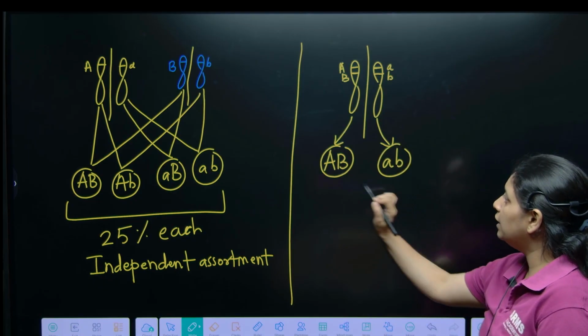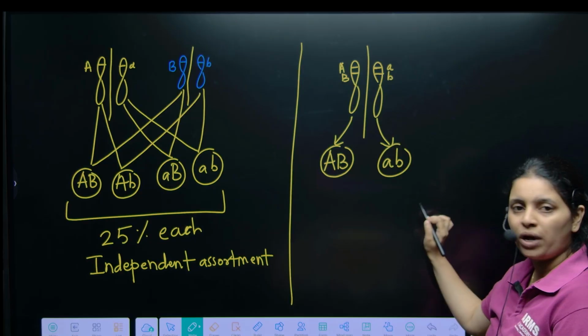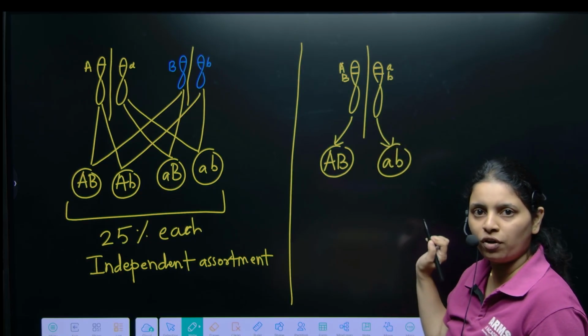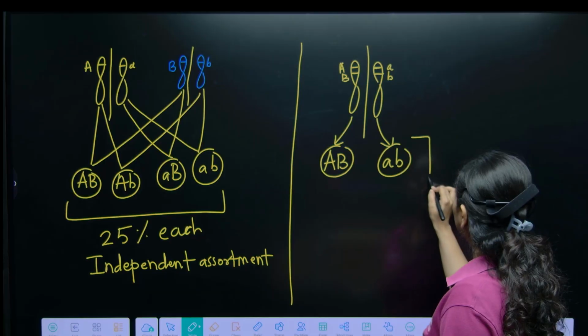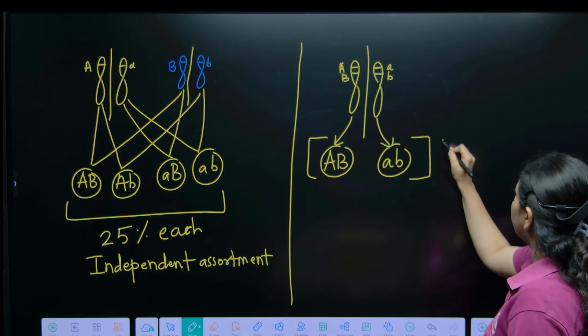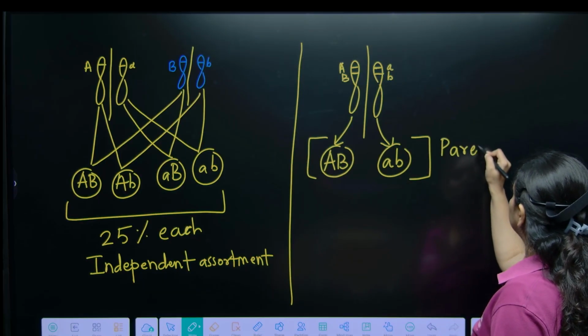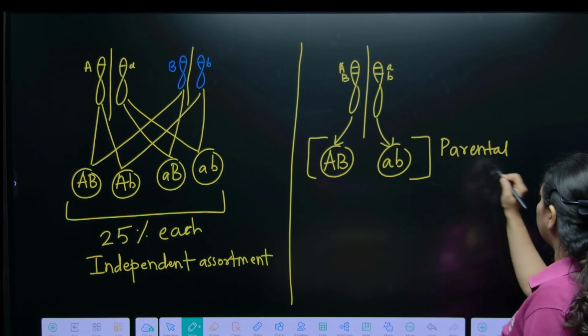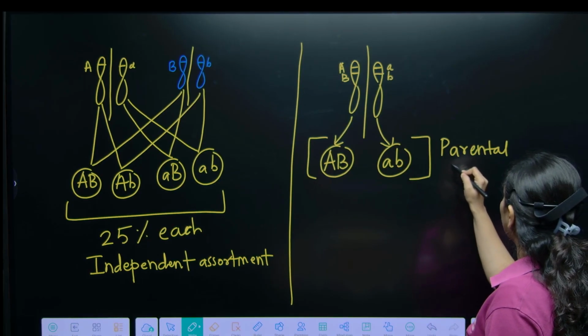Now, these are the two gametes which are formed directly by segregation of this homologous pair. So these two will be called as parental type of gamete. Okay, there is no change, right? As it is, the chromosomes have separated. So parental type of gamete.